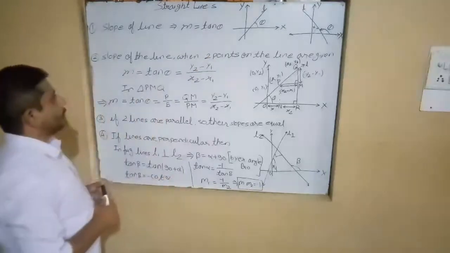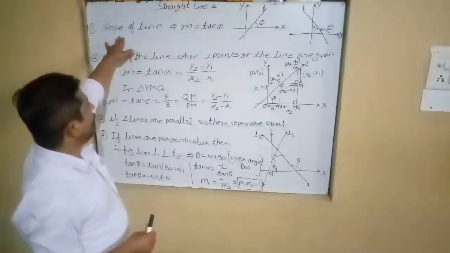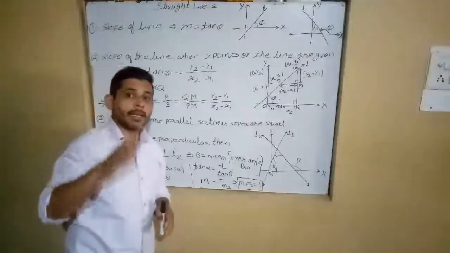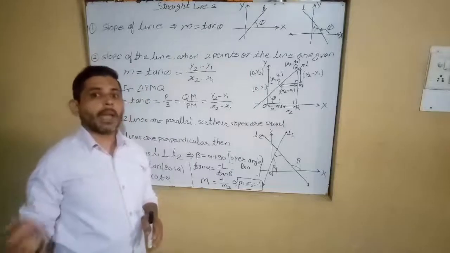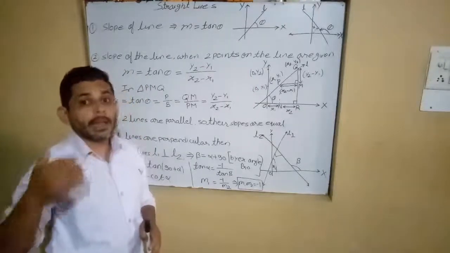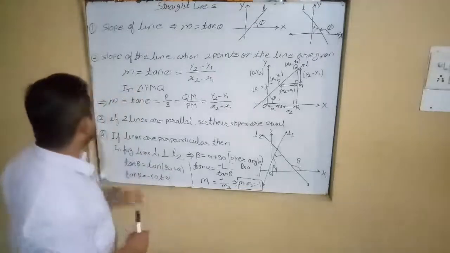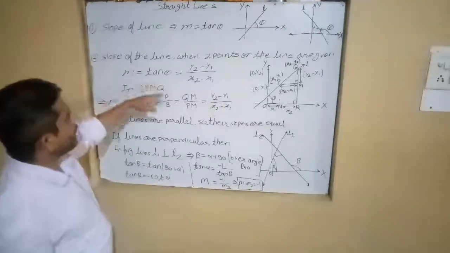So I think you understood. This is very important. What is the slope of a line? Slope of a line is the inclination of the line, which is measured anti-clockwise from the x-axis, not from the y-axis. Okay, understood?